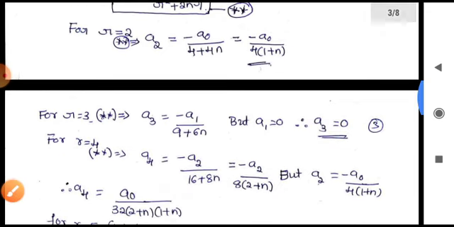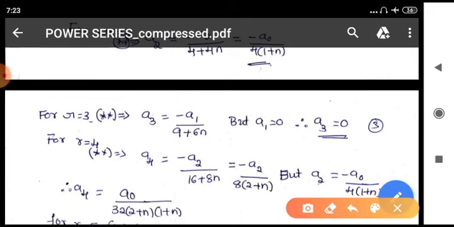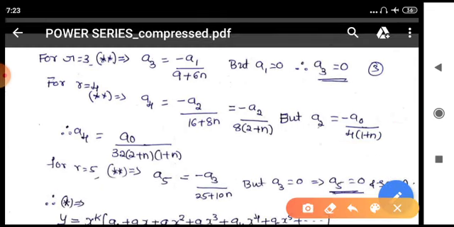So we will substitute that a naught here. So what we get is a4 as equal to minus of minus becomes plus, a naught divided by 8 into 4, 32, 2 plus n into 1 plus n.